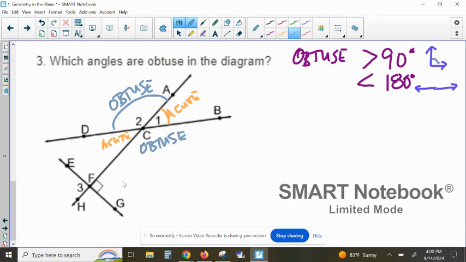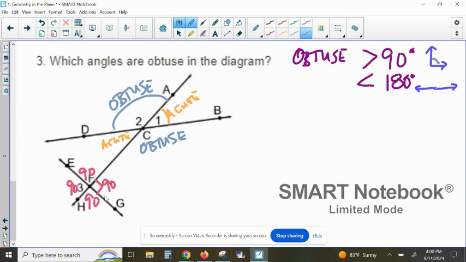Down here, we have this box. Remember, the box means exactly 90 degrees. Whenever you have a box and they just cross like an X, the angle across from it is also 90. The angle next to it is 90, and these are all 90. Because remember, if one's 90, the next one has to make 180 degrees because it's straight.